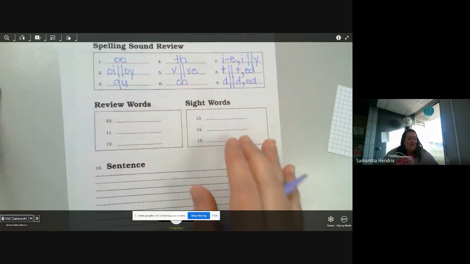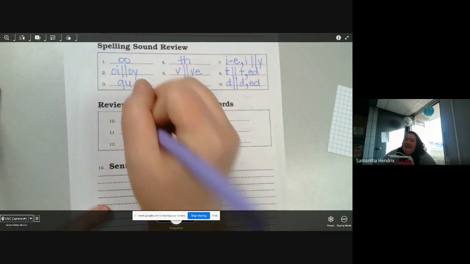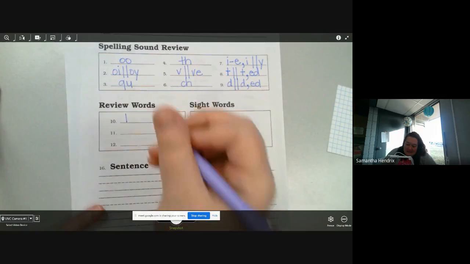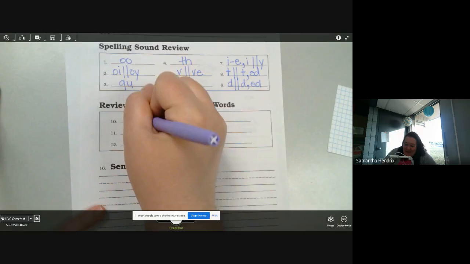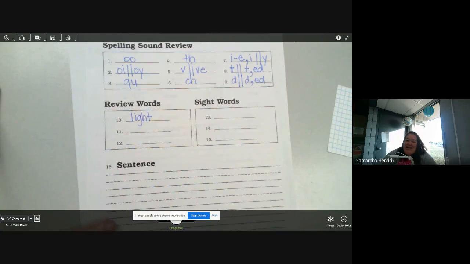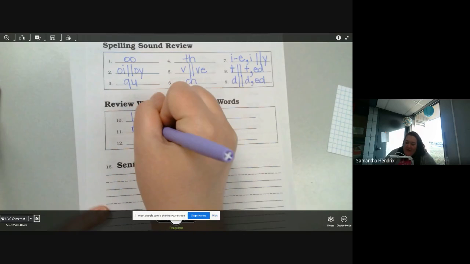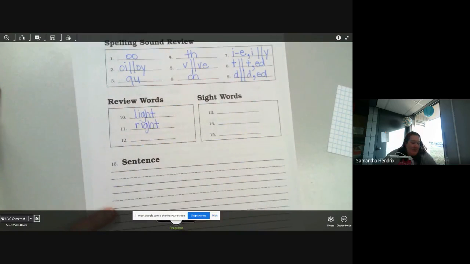Okay? Let's look at our review words. Light. This is what we learned yesterday. Remember, IGHT. Light. Right. These are trigraph. The trigraph IGH we learned yesterday.